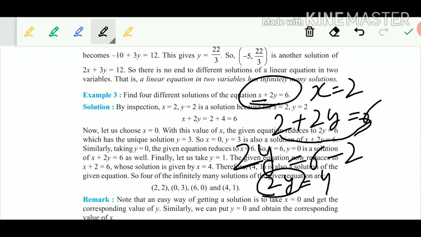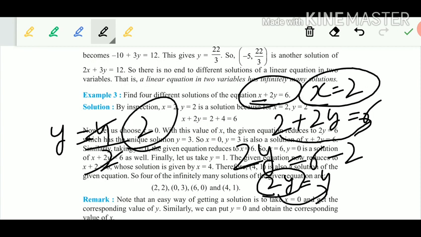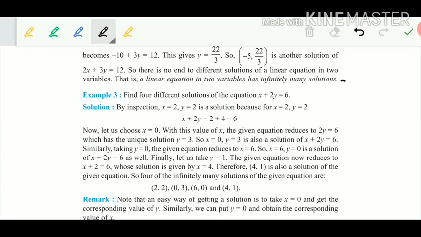Now 2 is multiplied with y, on this side it becomes divide, so y is equal to 4 upon 2, that is 2. So when we put x value 2, y value is also 2. So this is also a solution of this equation.